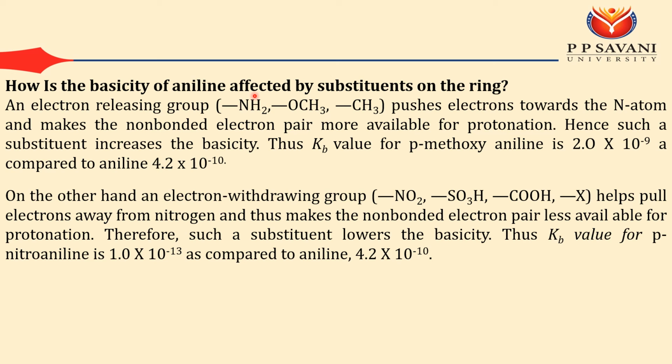Then the benzene ring is not able to take the electron from that particular NH2 group. Okay, so an electron-releasing group pushes the electron toward the nitrogen atom and makes the non-bonded electron pair more available for protonation.